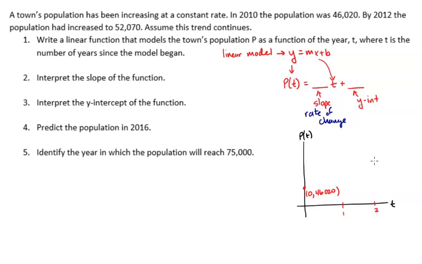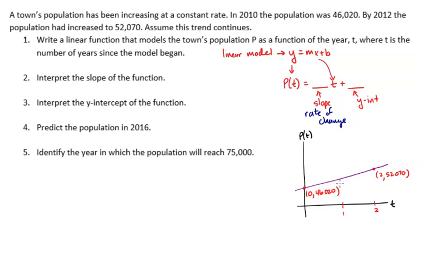At year 2, we know that our population has gone up to 52,070. So these are our two data points for our scenario. So our line probably looks something like this. This would be the line that fits those two data points, and that's the line that this equation is going to end up describing.